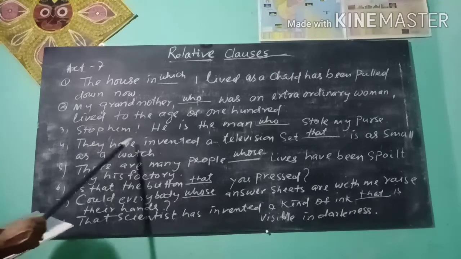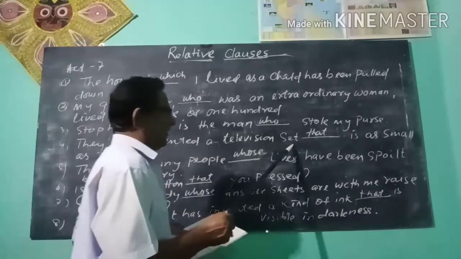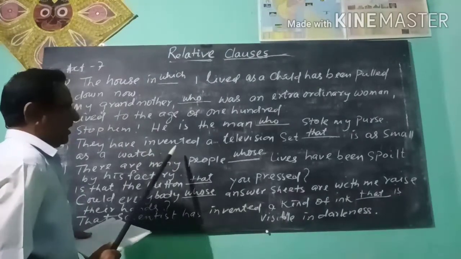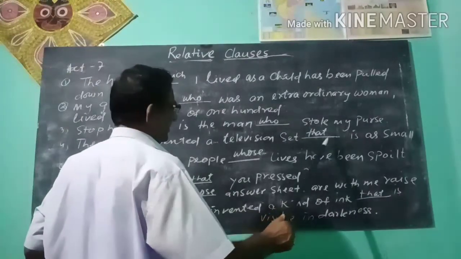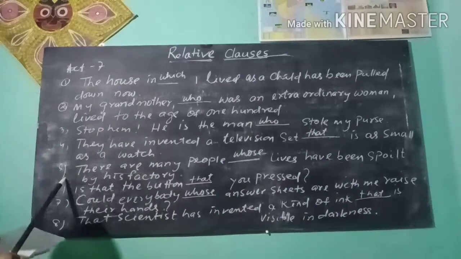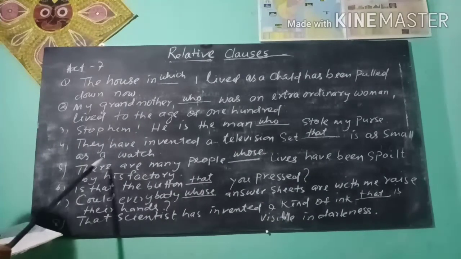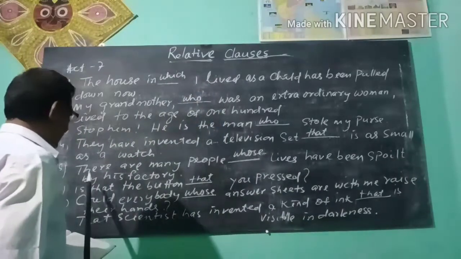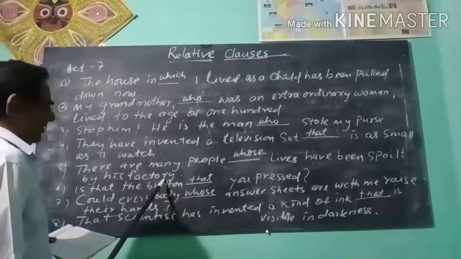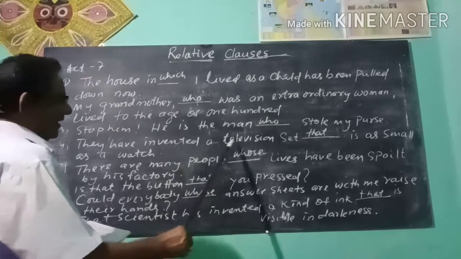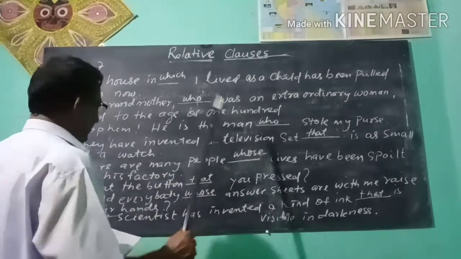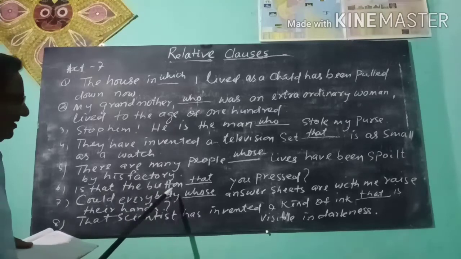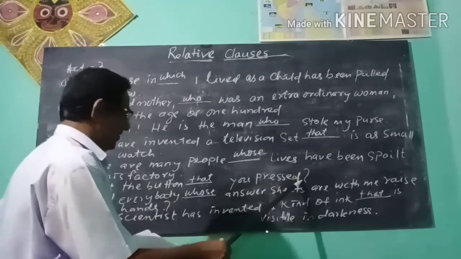Sentence 4, they have invented a television set dash is as small as a watch. Here, relative pronoun that is used. In sentence 5, there are many people dash leaves have been spoiled by his factory. Here, the relative pronoun whose is used. In sentence 6, is that the button dash you pressed?